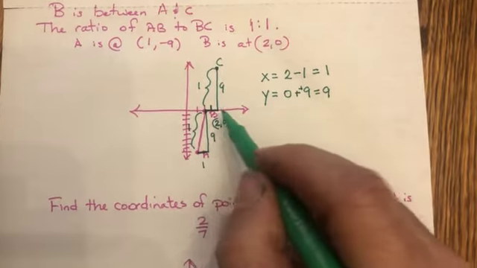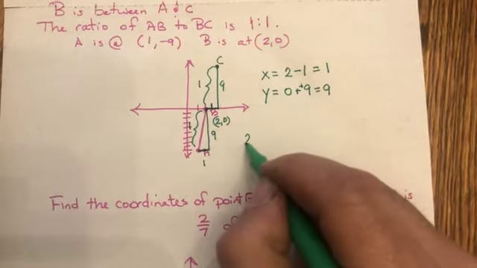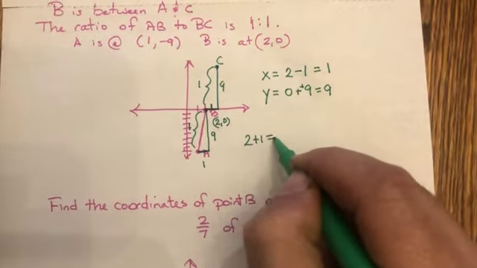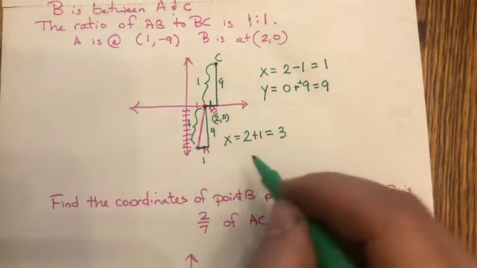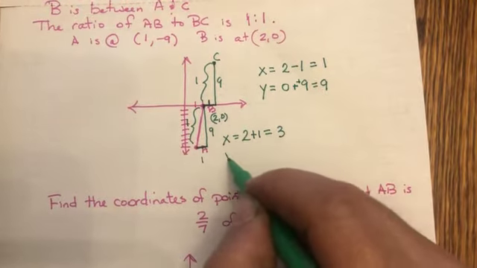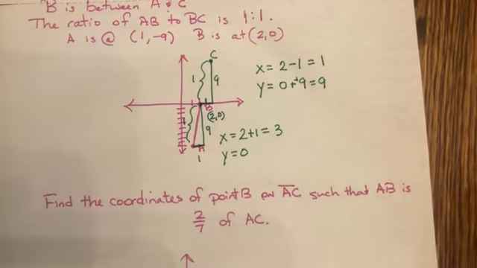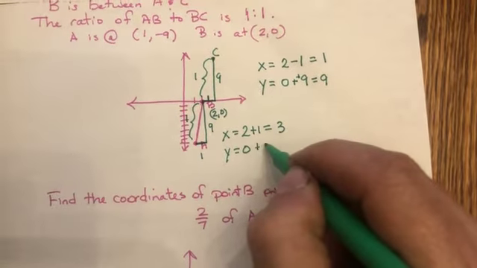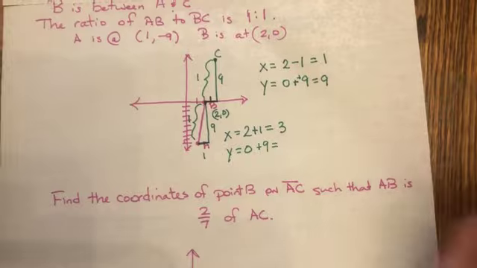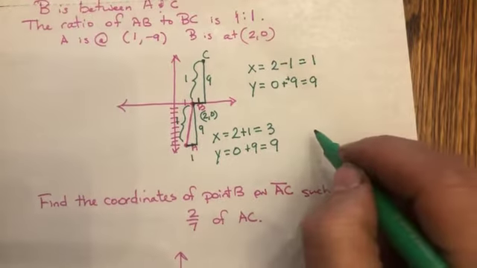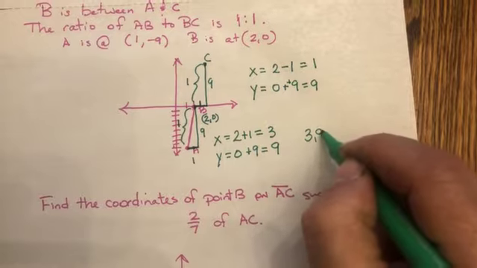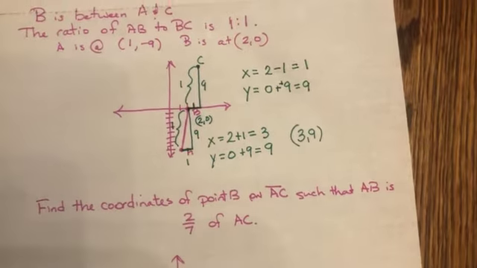We're going to move 1 in the horizontal direction. So we're going to take 2 and move 1 in the horizontal direction, and that's going to give me my new x coordinate. And I'm going to take the 0 off the coordinate pair, and I'm moving 9 in the y direction, which gets me to 9. So the coordinates for point C should be 3, 9.